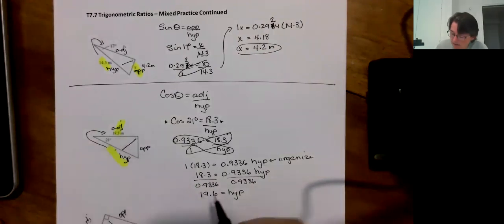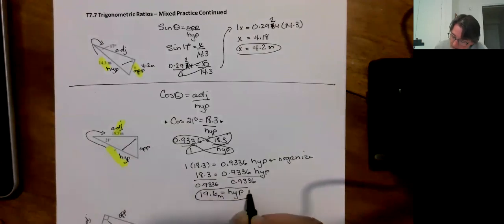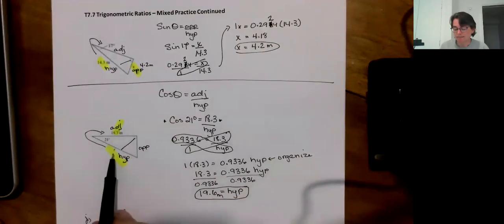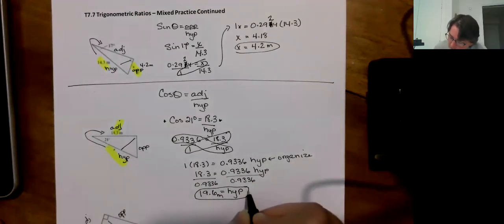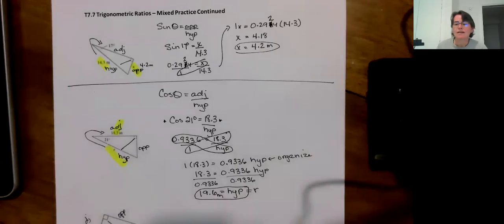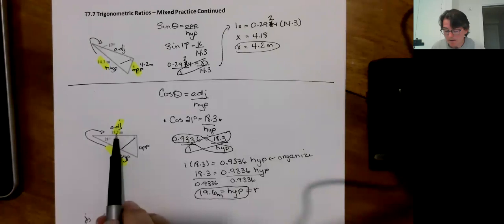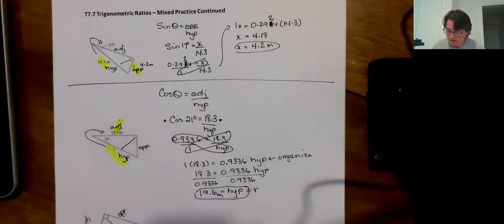And this said meters, so I should tuck a little meters in there. And I solved for my hypotenuse. Now it looks like that was an R, so just to be safe, I would be happy with hypotenuse, but I don't know what your instructor is like. Maybe they're going to be really fussy and want to know what R is, so let's just throw that in there. We're safe. And since the hypotenuse is bigger than the 18.3, we're good.